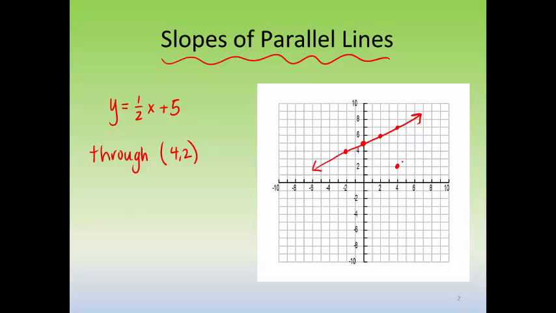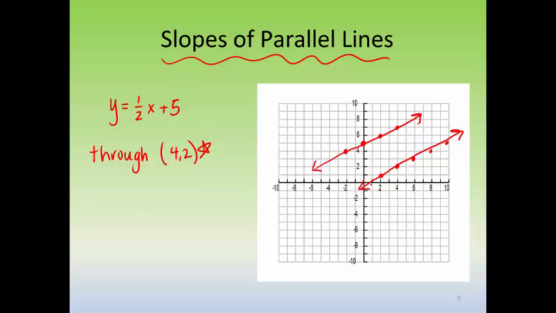Now, if I want to draw a line that is parallel to this, I know that in order for them not to intersect, for them to be parallel, they must have the same slope. So I can graph a few points using the slope, moving away from the point 4, 2. And I do get a line parallel.